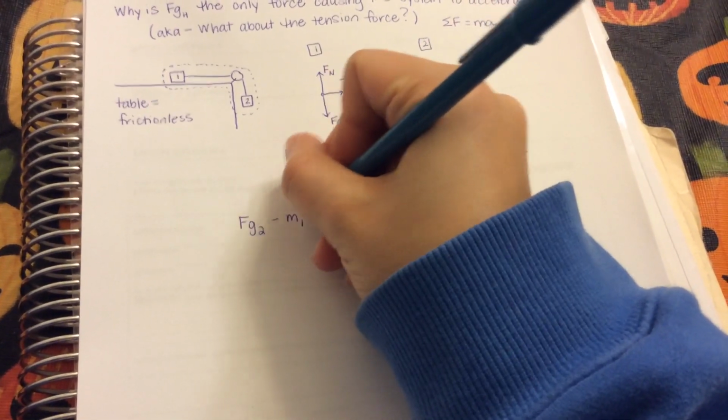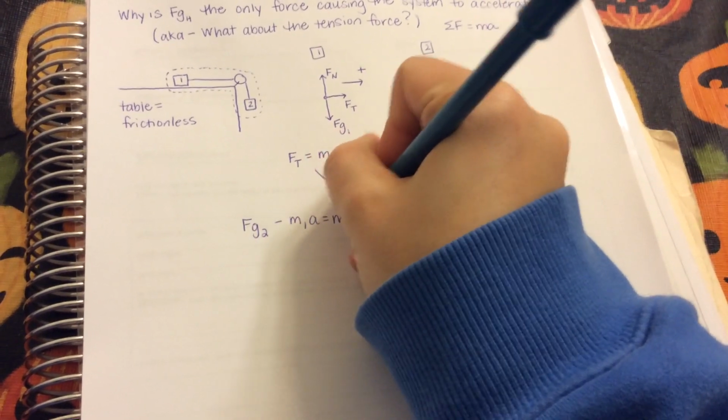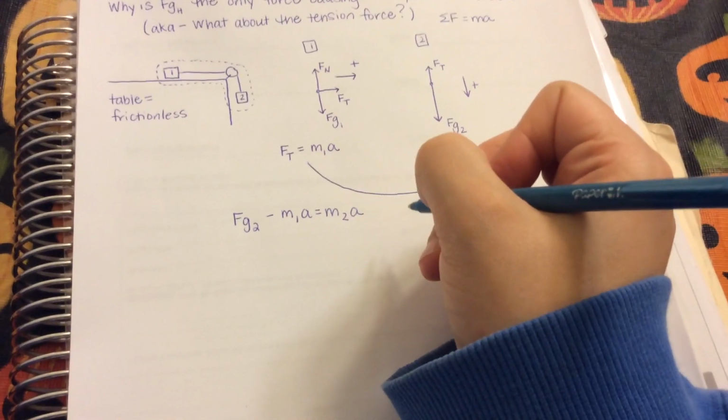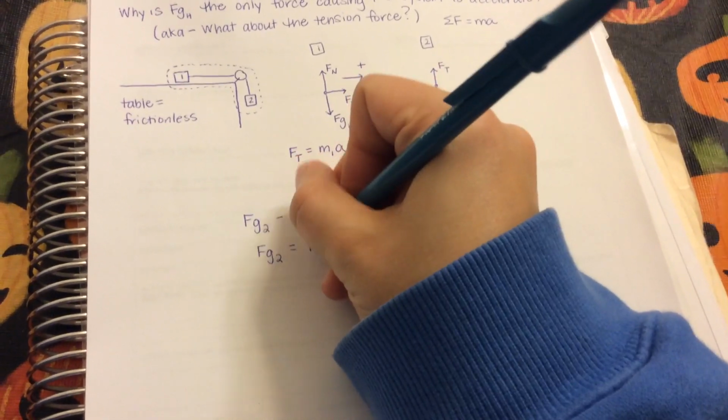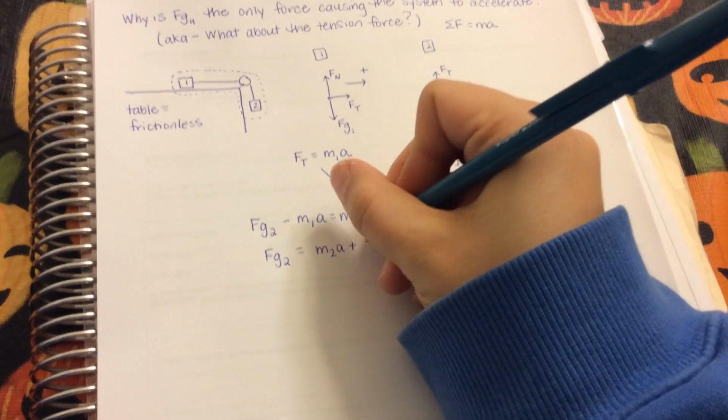minus M1A equals M2A. Then I can move the quantity M1A over and get FG2 equals M2A plus M1A.